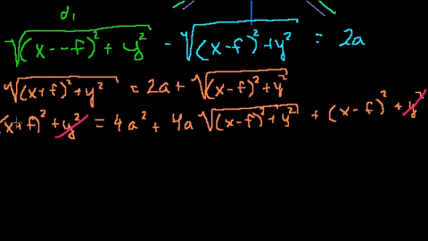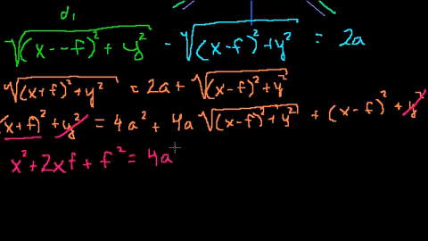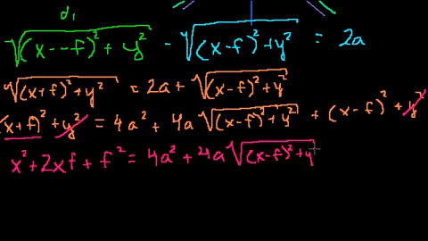And let's multiply this term out. So this right here is x squared plus 2xf plus f squared. And then that is equal to 4a squared plus 4a times the square root of (x minus f) squared plus y squared.